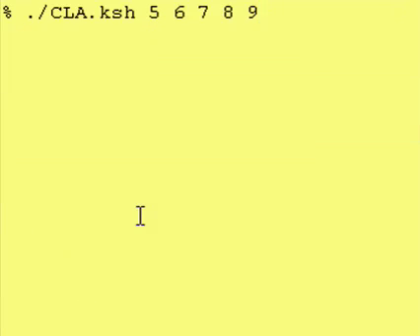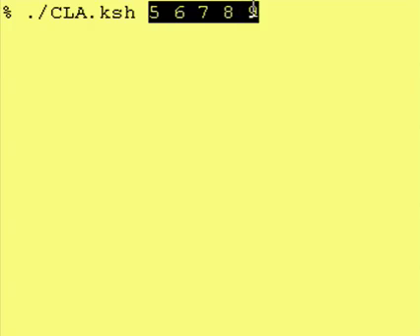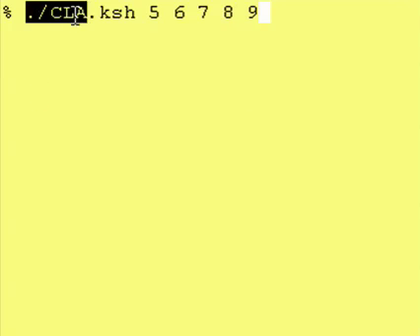Now, a while back, we went over how Korn Shell programs can also take input arguments. And in this case, our input argument list has 5 entries. If you remember, this would be $1, this would be $2, $3, $4, $5, and this right here would be $0.